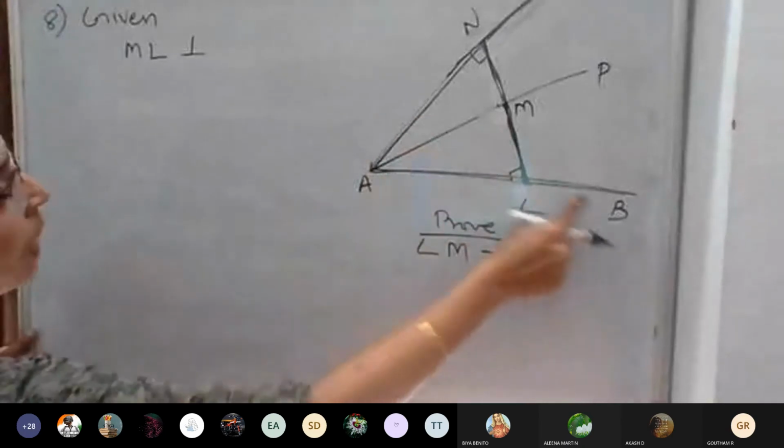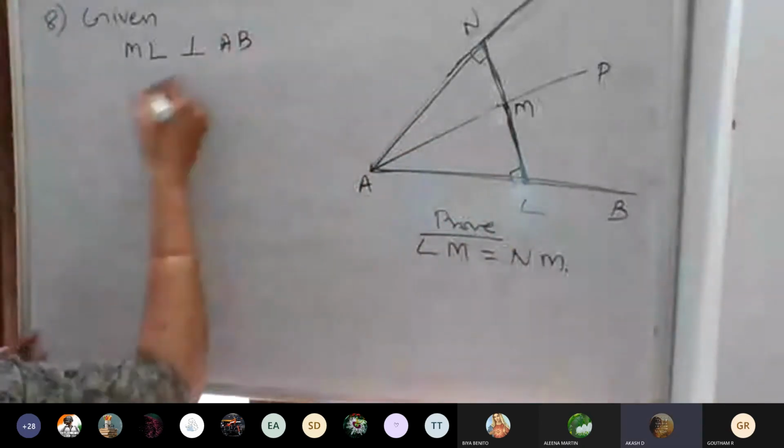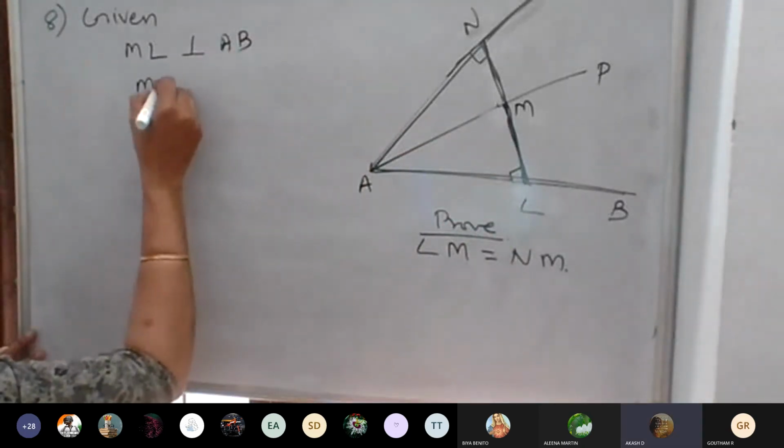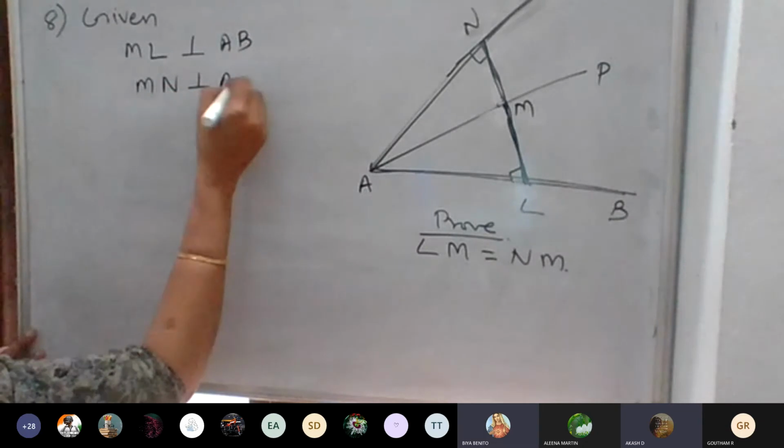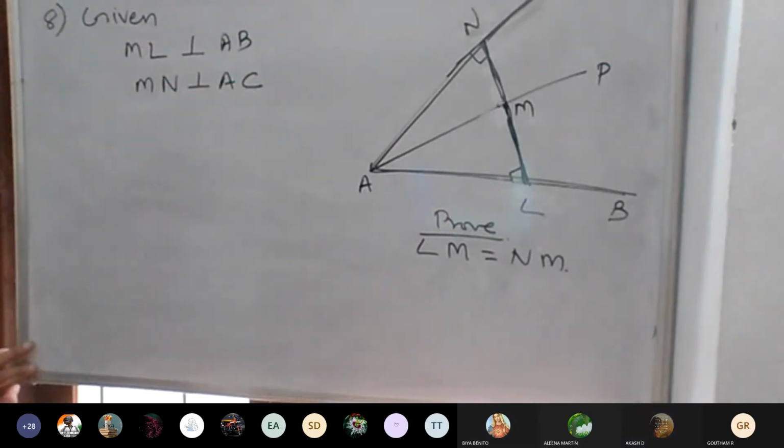ML is perpendicular to AB and MN is perpendicular to AC. Given that. Is there anything else given? Nothing. Only that is given. To prove.